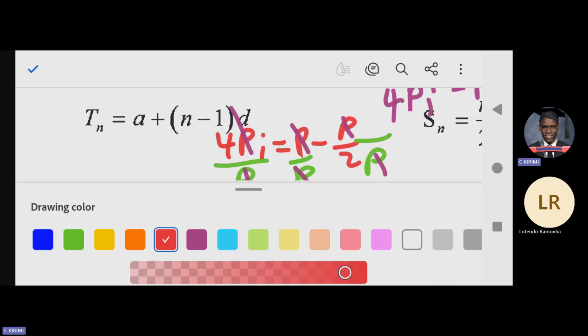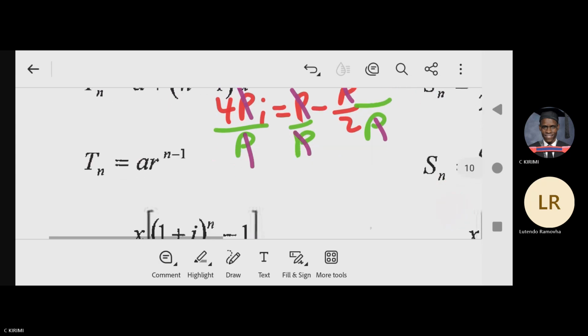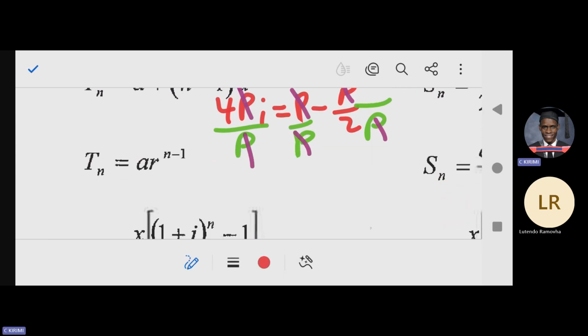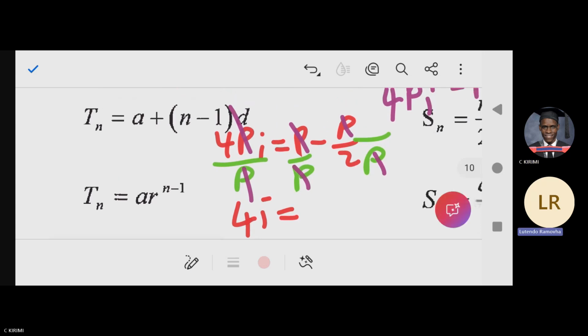Now we go to the next step. 4 times I is 4I. 4I is equal to, what is P divided by P? It's 1.